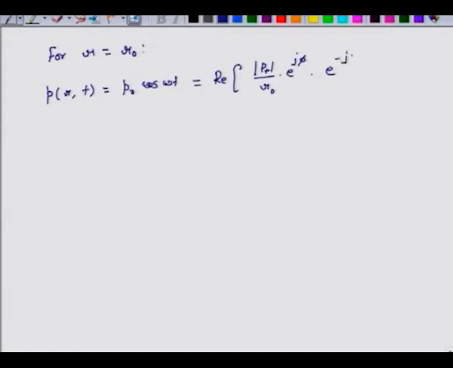So, what I get is that for r equals r naught, P of r, t is equal to P naught cosine of omega t, and that is nothing but real component of magnitude portion of P plus divided by r naught times e to the j phi times e to the minus j omega r naught over c times e to the j omega t.